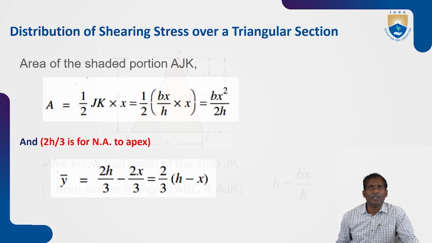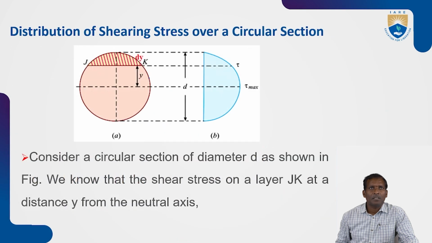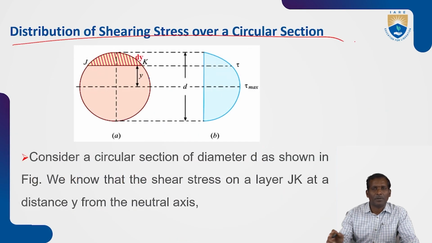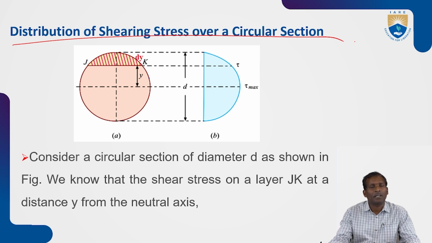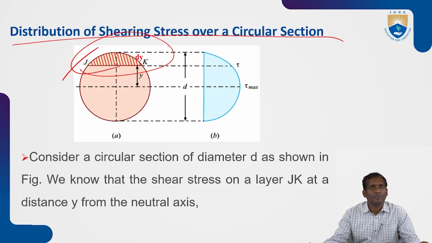Now we will see the circular cross section. The distribution of shearing stress over a circular cross section: take a circular cross section and also take a small portion of the section, JK. Consider a circular cross section of diameter D as shown in the figure.